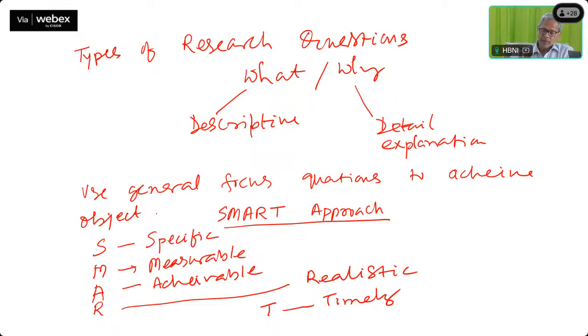And you have a limited time to complete your PhD. So it should be achievable. And also your research, whatever you have, within that, it should be achievable. And the question you are asking, it should be realistic. Yeah, it should be doable. And as I told you, you should be able to complete in time.